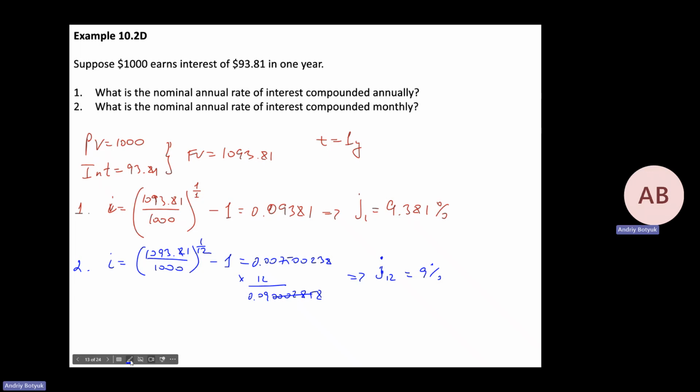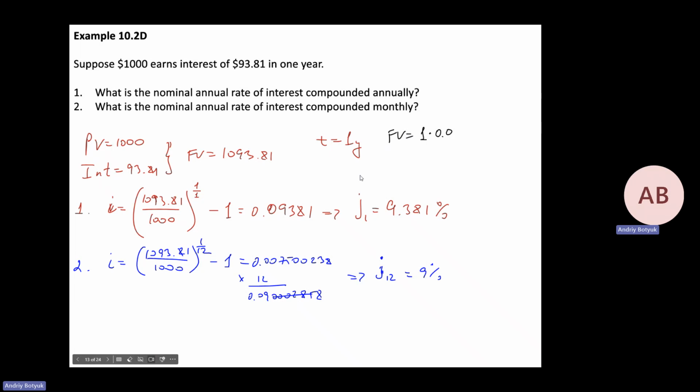Okay, if it is the issue of this gazillion particles of sand. So let's see here. Future value is $1,000, not $1.